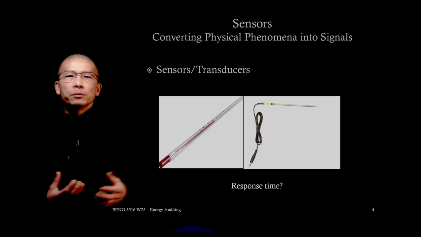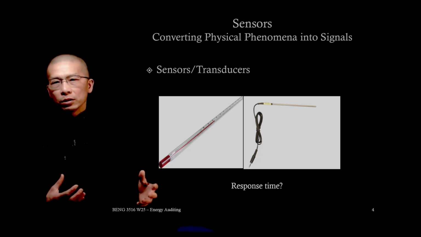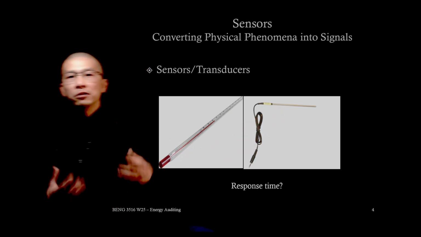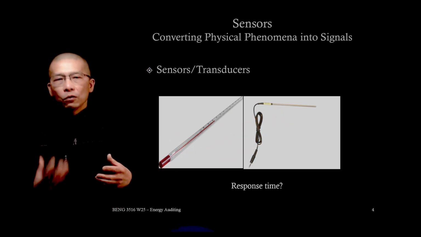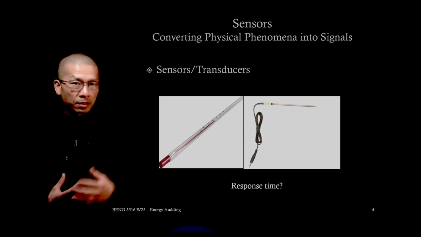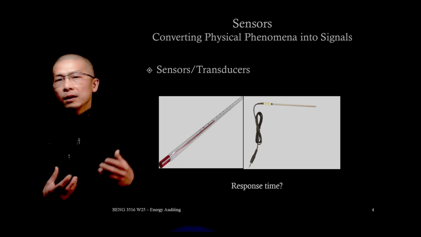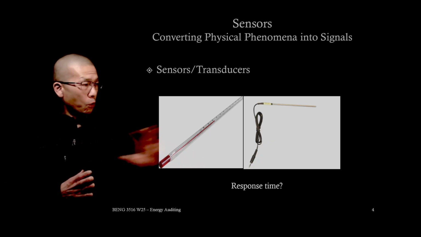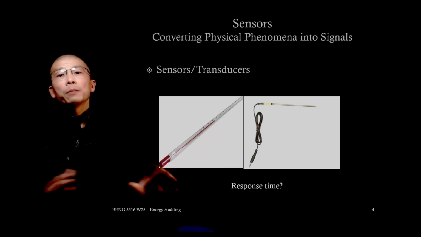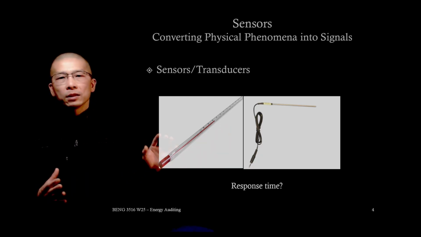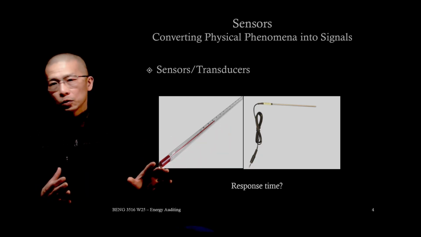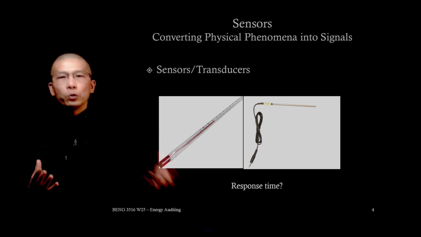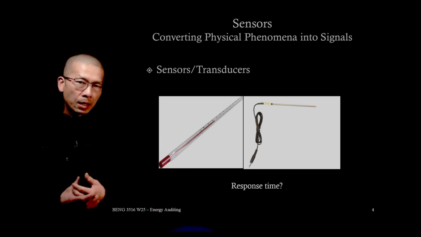Liquid in glass thermometers rely on expansion, while a thermocouple and RTD convert temperature into voltage or resistance, depending on which type. Same variable, different physics, right? All measure temperature, but each uses a different physical effect to produce a reliable and readable signal.